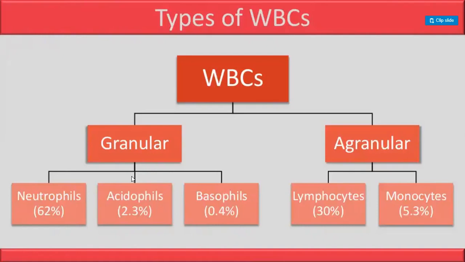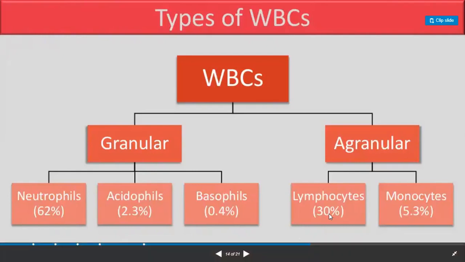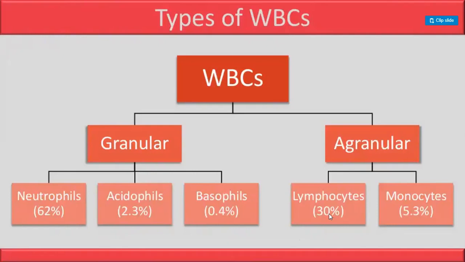Now, these agranulocytes are of two main types: the lymphocytes and the monocytes. The lymphocytes make up 30% of the white blood cell count, while the monocytes make up 5.3% of the white blood cell count.